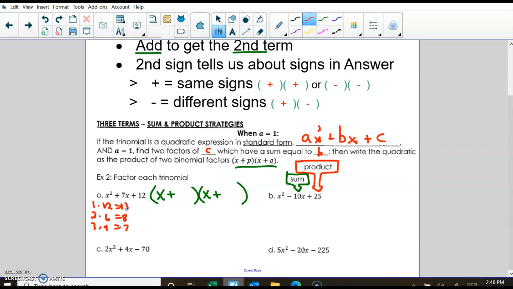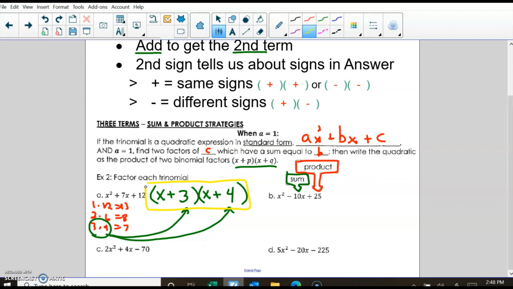So the two factors, 3 and 4, are going to be the numbers that enter your answer to give you your binomial product. So that's the factorization for example A.